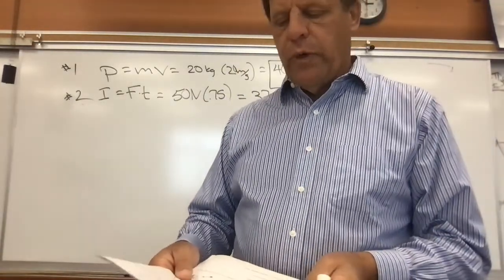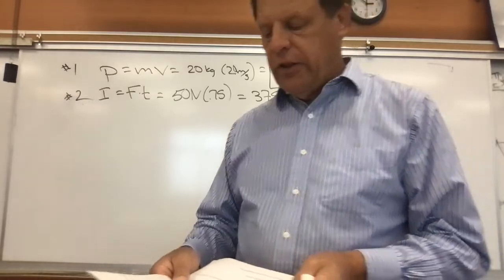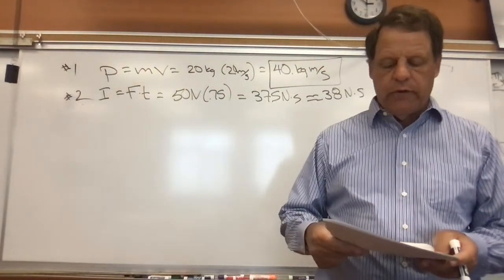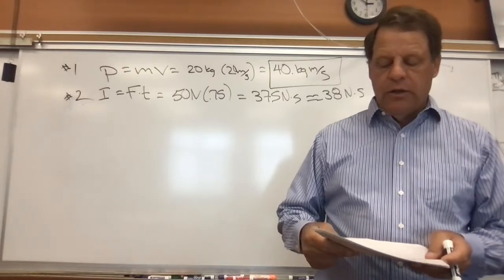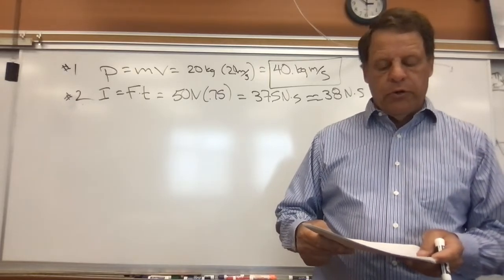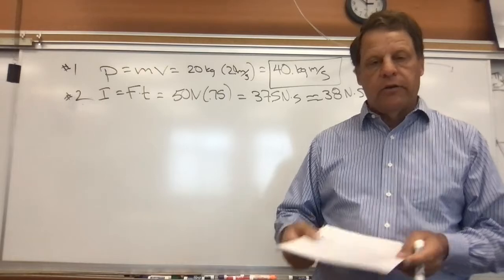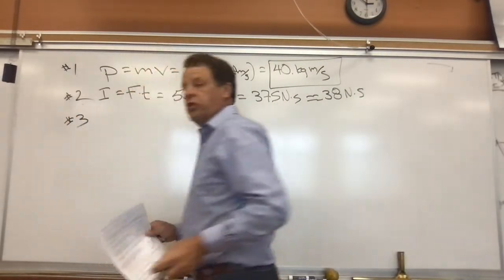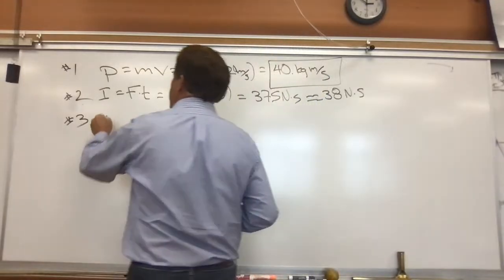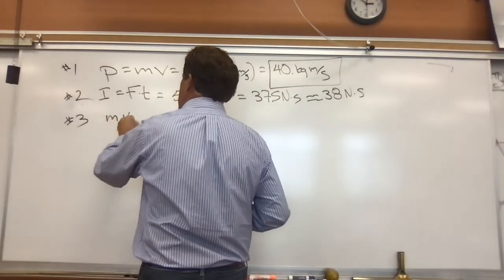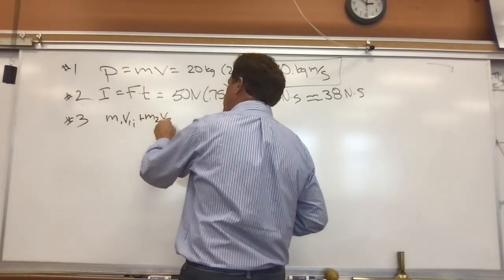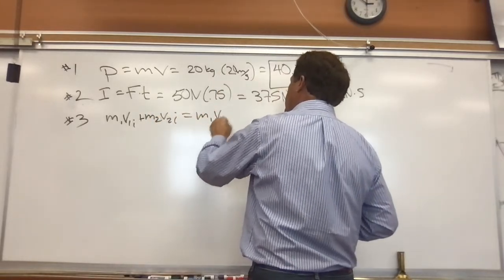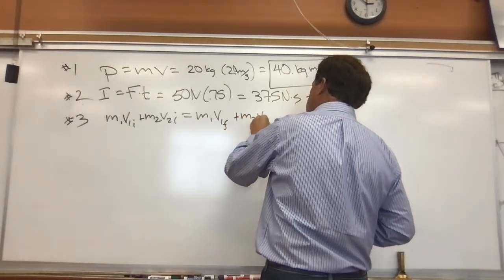Number 3. Two ice skaters with an initial velocity of 0 are facing each other, and the first skater is 80 kilograms and the second is 60, and they push away from each other. The first skater travels at a speed of 4.2 meters per second. Calculate the speed of the second. This is based on the conservation of momentum. So we have M1 V1 initial plus M2 V2 initial is equal to M1 V1 final plus M2 V2 final.